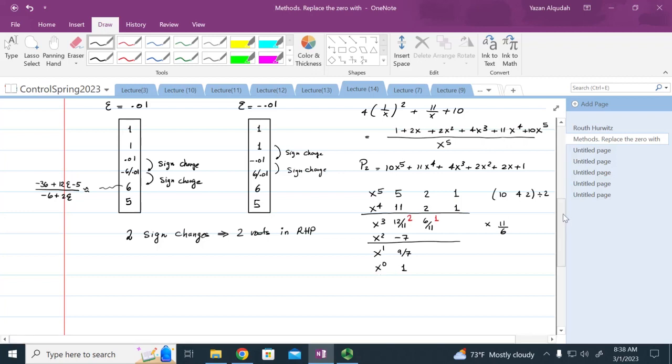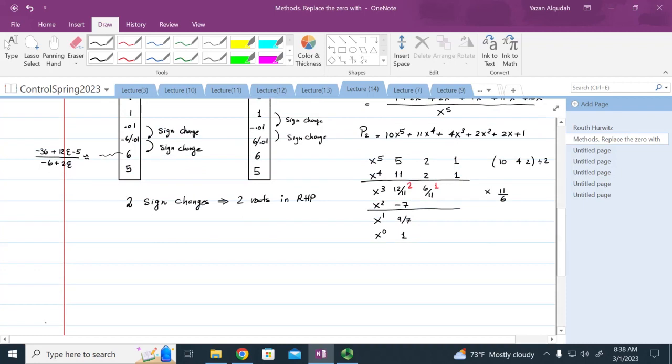How many sign changes we have in the first column? 2. And therefore, 2 sign changes means we have 2 roots in the right half plane.